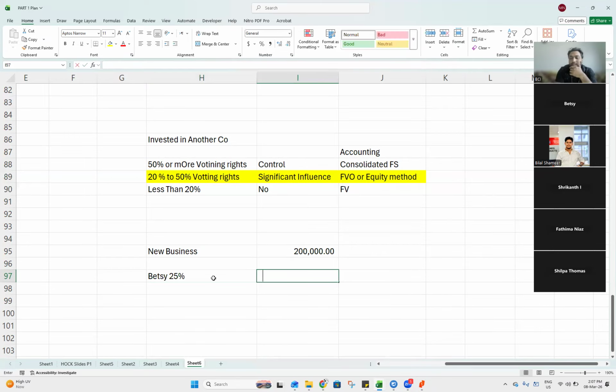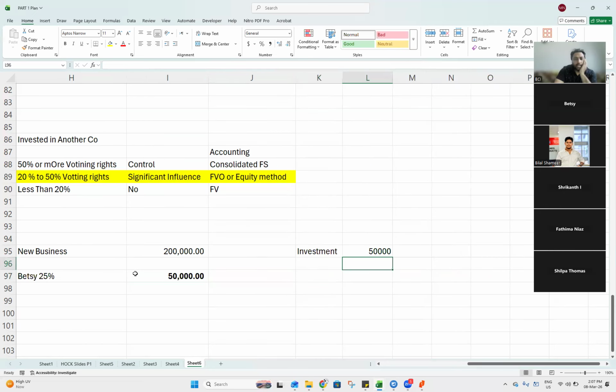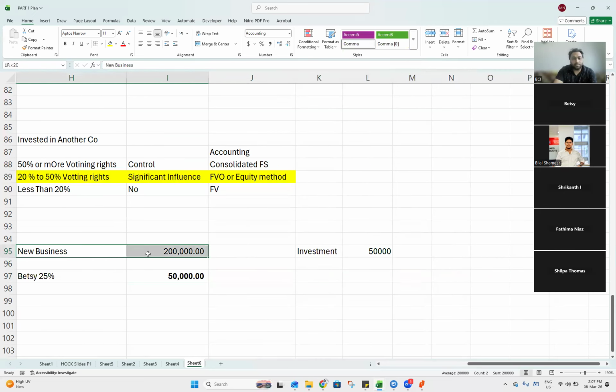Now, how much money will she invest? 50,000. Clear. So in Betsy's books of accounts, 50,000 is the investment.